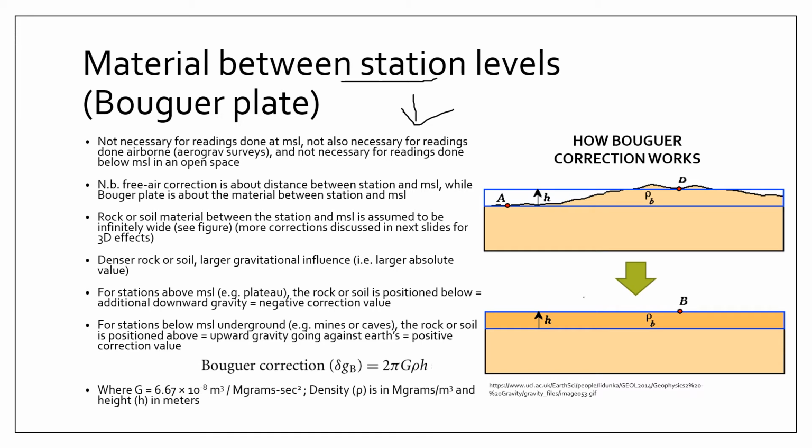This correction accounts for any material that is lying between your survey station and your mean sea level. So this correction is not necessary for readings that are done at mean sea level. It's also not necessary for readings that are done airborne, okay?